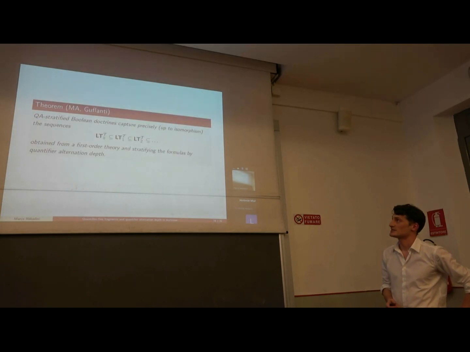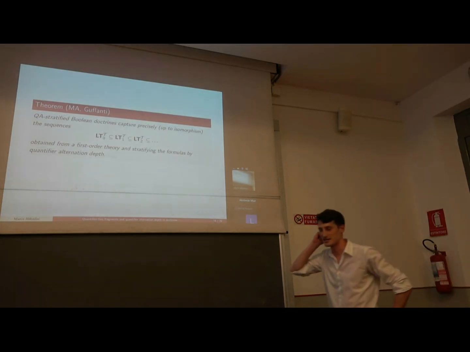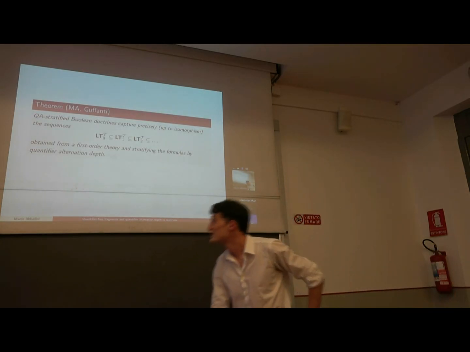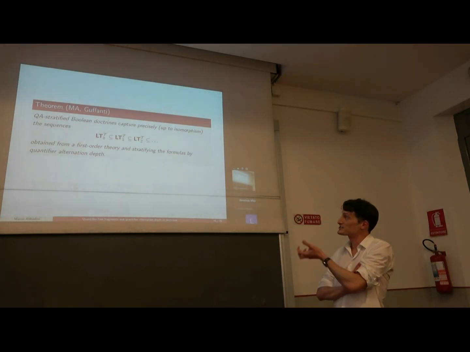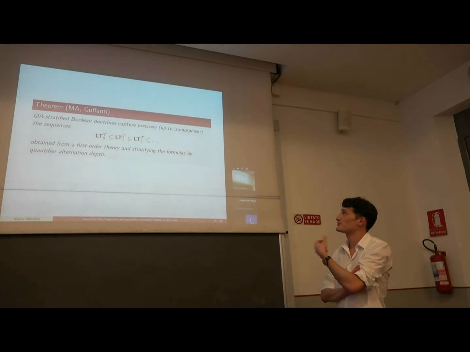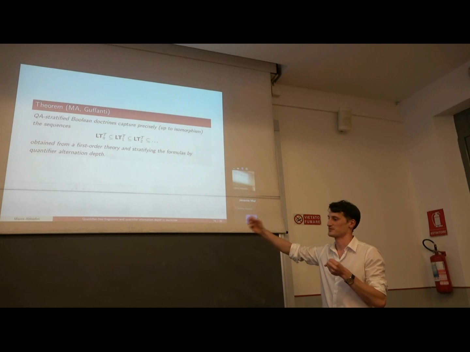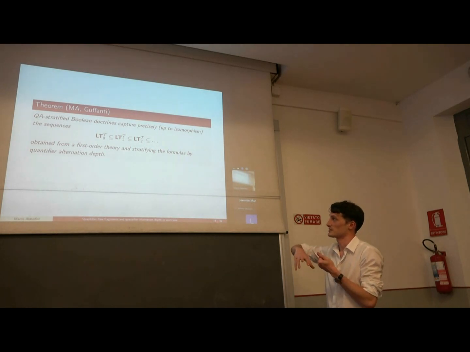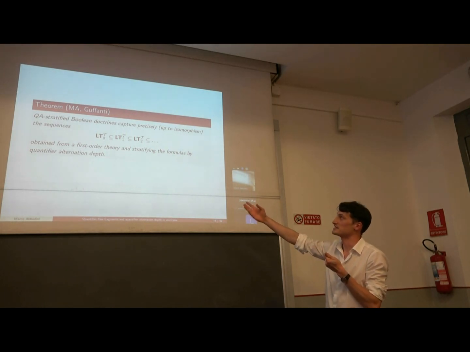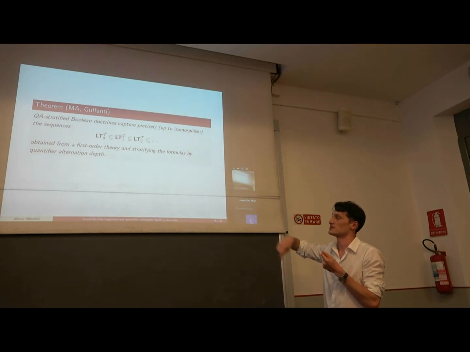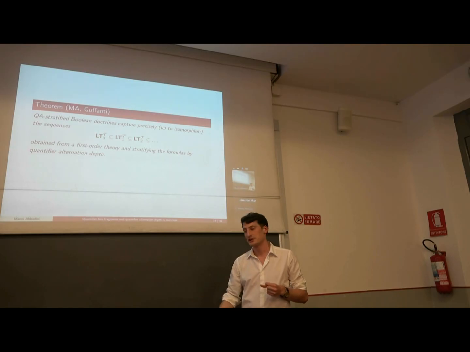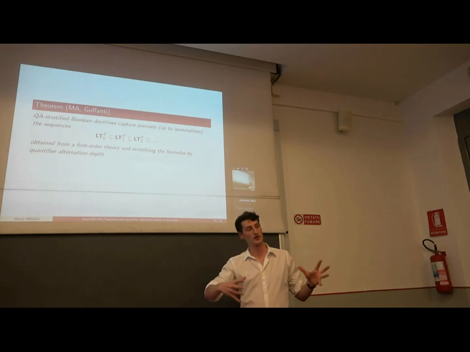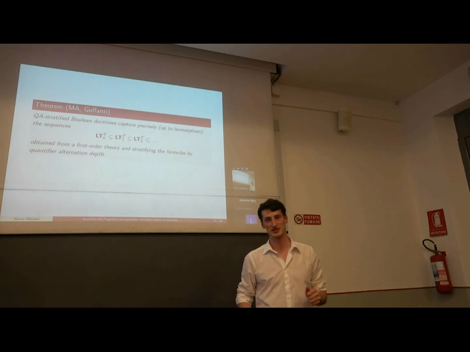Okay. And this is the correct notion, meaning that QA stratified Boolean doctrines capture precisely up to isomorphism the sequences of this type, LT0T, LT1T, that we obtain if we start with a first order theory and then we stratify all formulas by quantifier alternation depth.